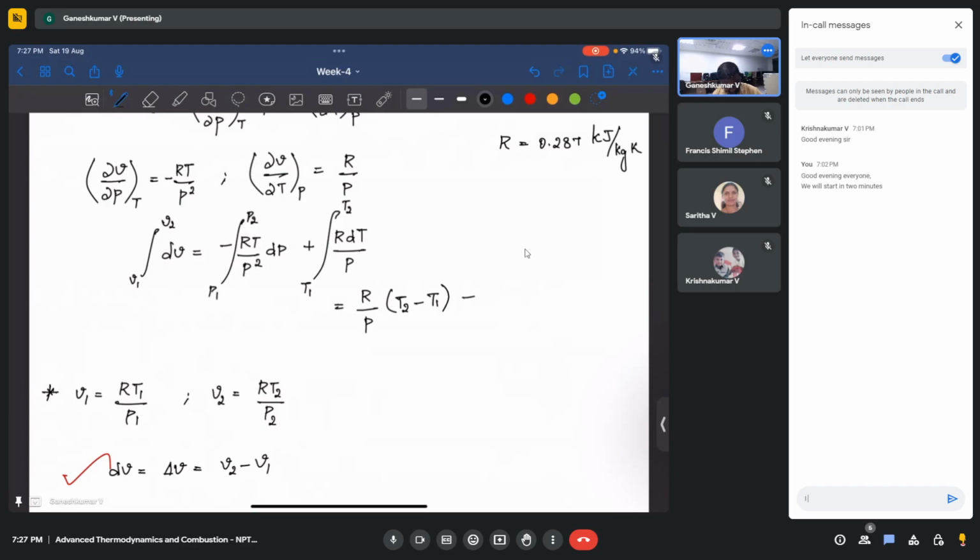We can take RT outside, minus 1 by P square, so it is P power minus 1 by minus 1. So minus into minus, plus 1 by P, from P1 to P2, right? Am I right, guys?